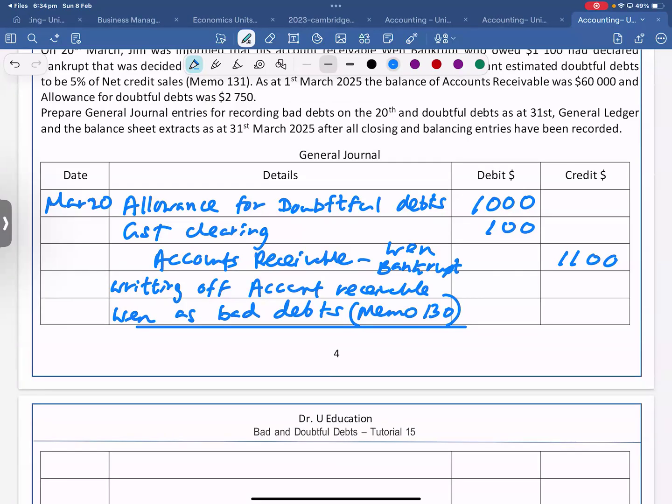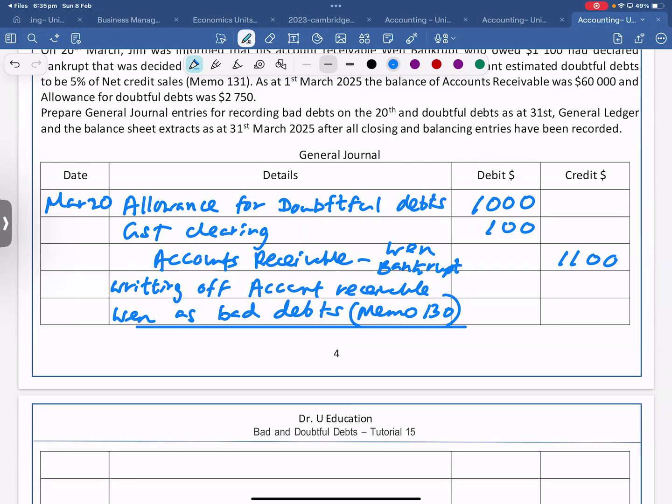Then after that, what is the overall impact on assets? Decrease. How much? Assets decrease by 100. Why?